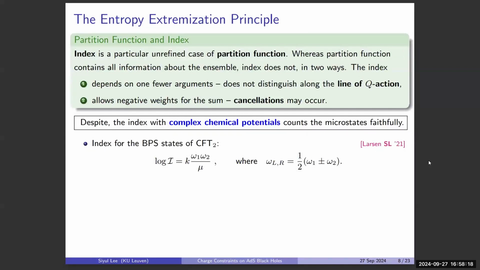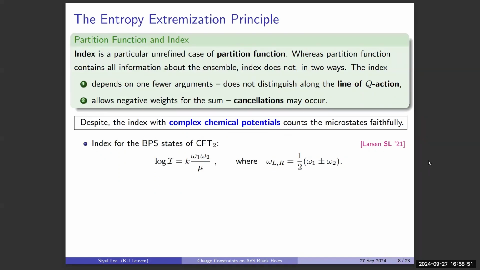Let me demonstrate this fact in a very, very simple AdS3 example, which was first done in higher dimensions. So this is the partition function that can be derived from the CFT2 side, that is dual to the AdS3 black holes, where the 3 chemical potentials have a complex relation between each other. The idea of the entropy extremization principle to obtain the entropy from the partition function is to simply treat the index as just one refined case of the partition function.